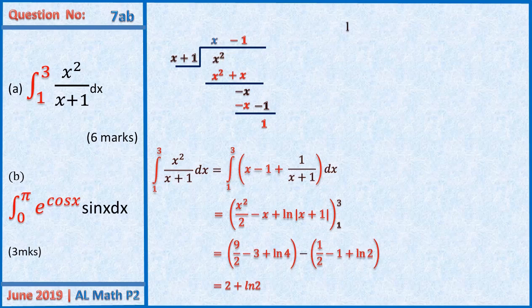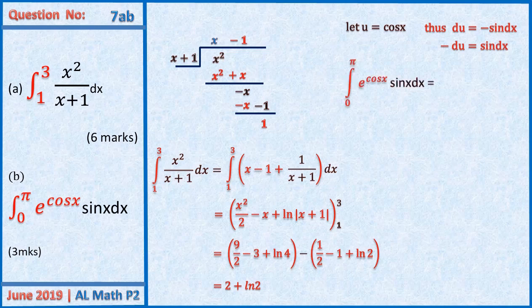The b part of the question, let u be equal to cos x. Our du will give us minus sin x dx. We can now look at the equation. We will have that integral equal to the integral of e to the power u, and our dx is now the same as minus du.